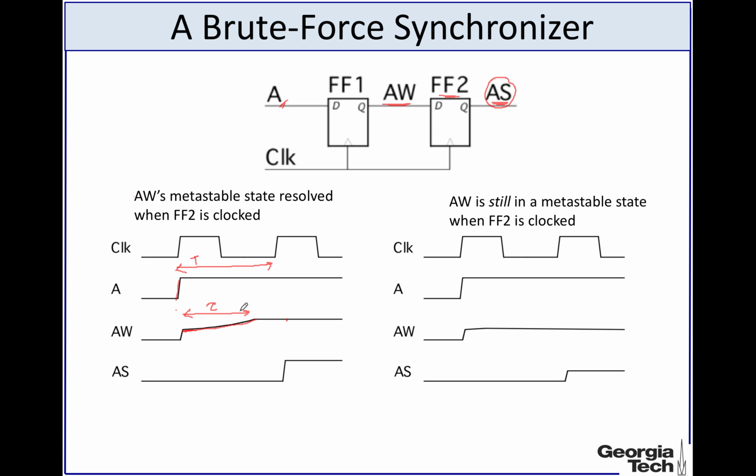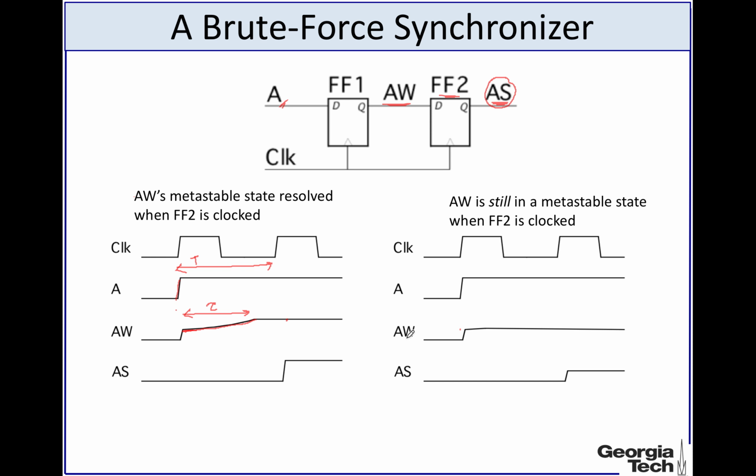Alright, but as we have said earlier, this settling time, tau, is an average quantity, meaning that on average the probability that this metastable state will be resolved within a time period of tau is very high. But it can also be the case that the time it takes for resolving this state is much longer than tau, and that is the situation being shown here.